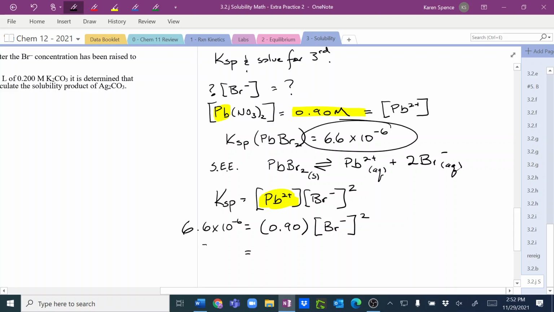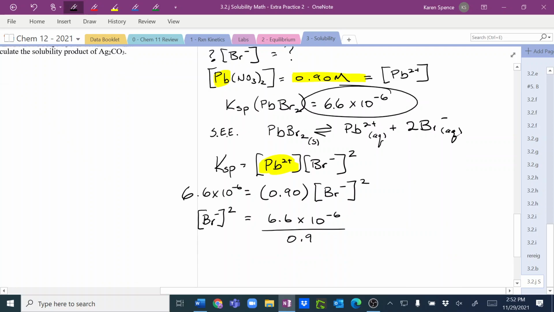And that means that bromide squared is equal to 6.6 times 10 to the minus 6 divided by 0.9, which is 7.33 times 10 to the negative 6, and that is bromide squared.